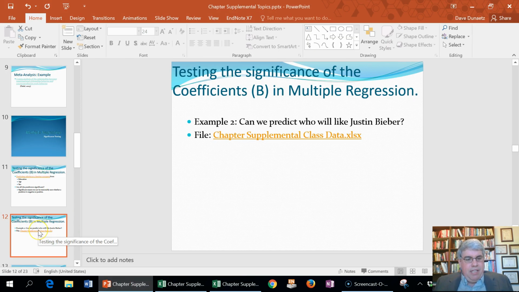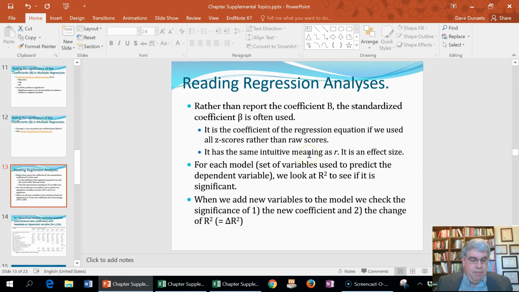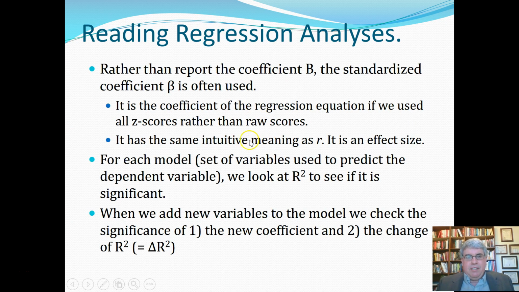Now let's keep talking about some of the meanings of the multiple regression. So let's look here. Up to this point, when we've been looking at the results that Excel gives us, the coefficients, the APA manual always calls these B, but a lot of times when you read journal articles, standardized coefficients are going to be used instead.